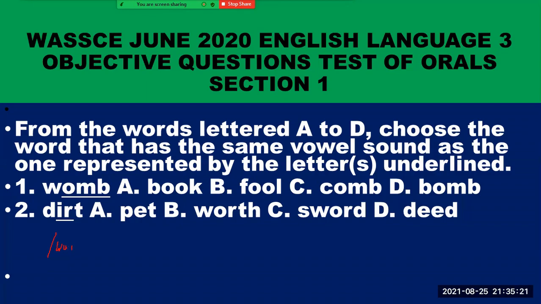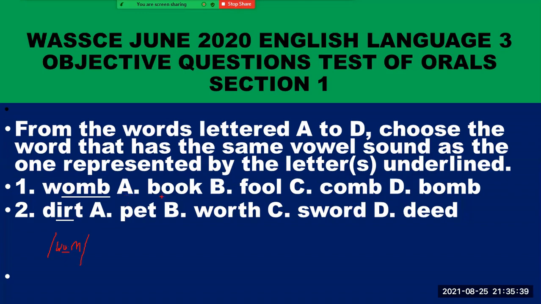Again, you see that B is silent here. It's not womb with a B sound, it is womb. So we are looking for this sound, the long U sound. And so with this in mind, we look at the options.